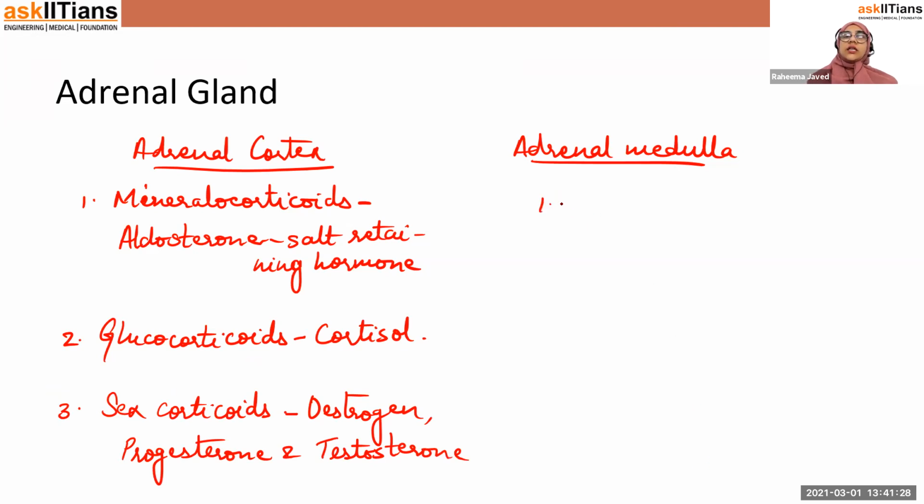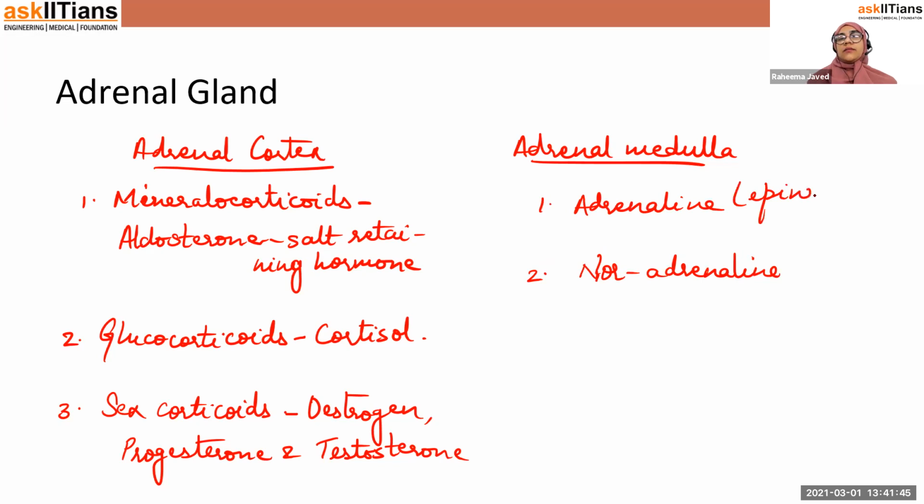Adrenal medulla, on the other hand, secretes the emergency hormones which are responsible for the fight and flight situation, adrenaline and noradrenaline. Adrenaline is also known as epinephrine, and noradrenaline is also known as norepinephrine.